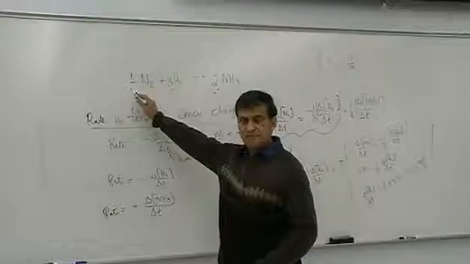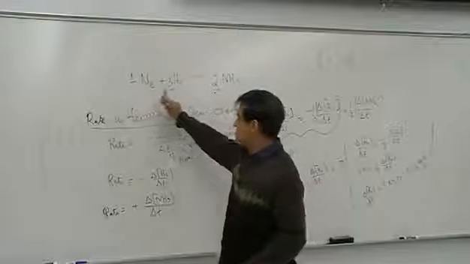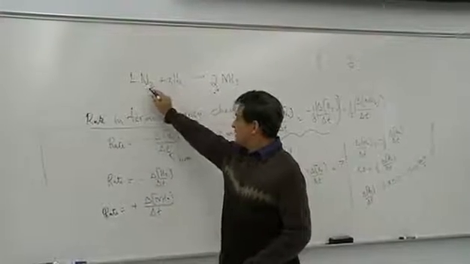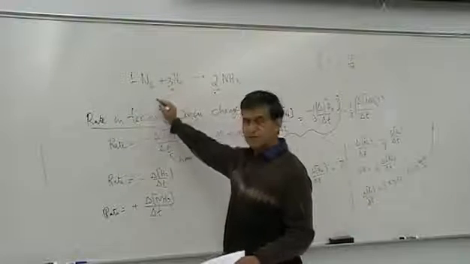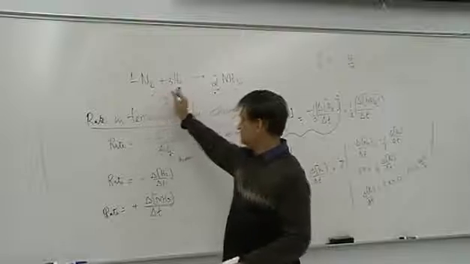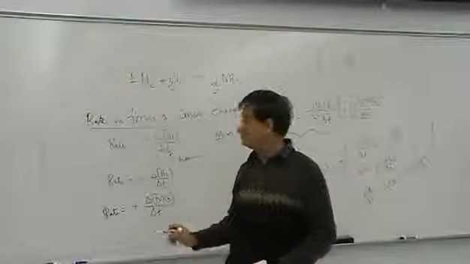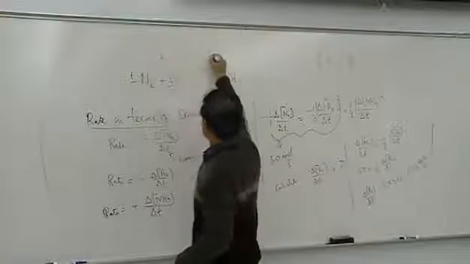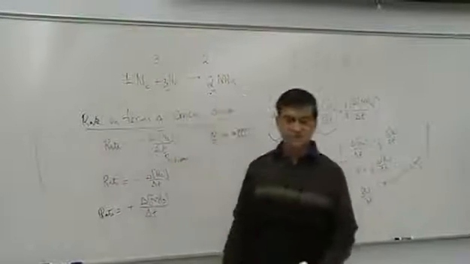Let's assume that all the changes are happening per second. In 1 second, if 1 nitrogen disappears, means reacts, 3 hydrogen has to react, because otherwise the reaction is not going to happen. So these numbers, we call it stoichiometric ratios, would remain unchanged.